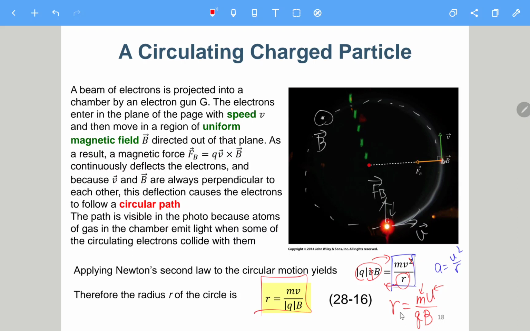If we would like to make a larger radius, then the v will be larger, because for different circular motion, m doesn't change, B doesn't change, and q doesn't change. If we have a larger v, then there will be a larger r.